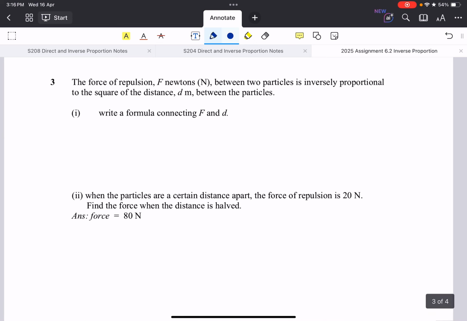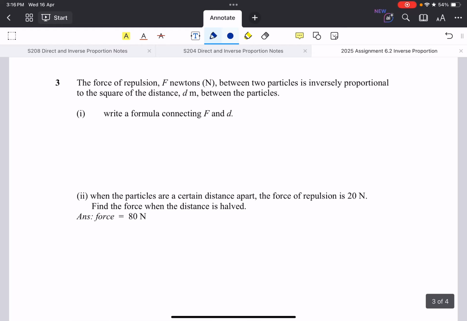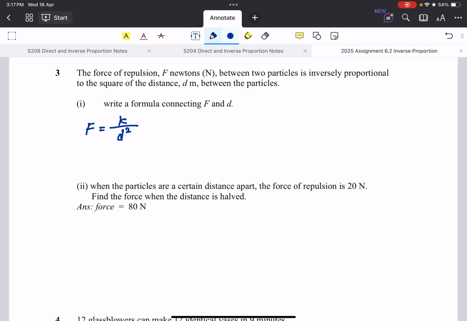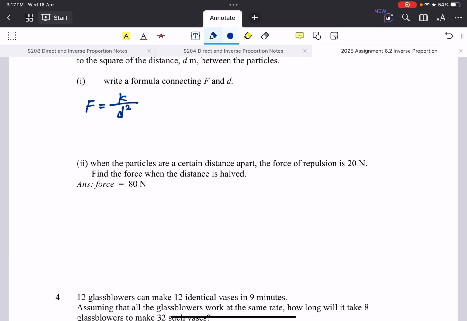Right, next example. The force of repulsion F Newton between two particles is inversely proportional to the square of the distance D. Okay, right formula. So F is equal to k over D squared. The problem now is we need to find k. We need more information. When the particles are a certain distance apart, the force is 20. Find the force when the distance is half.